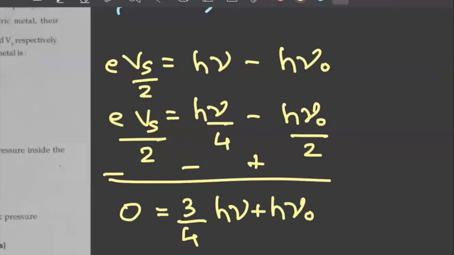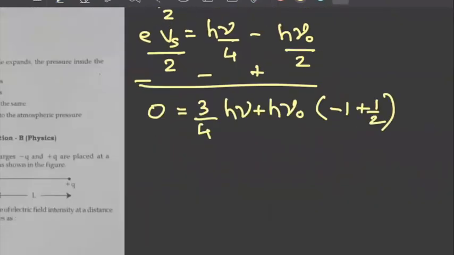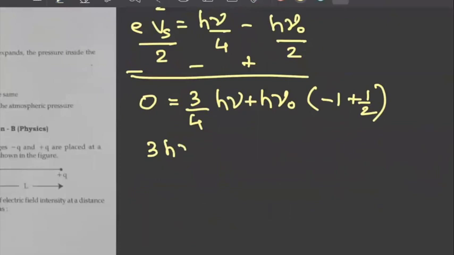Let's take the plus sign. h nu naught common. So I have minus 1 plus half, which will give me minus half. So 3h nu by 4 is, if this whole term goes on the other side, 1 minus half, which is h nu naught by 2. So h gets cancelled off.